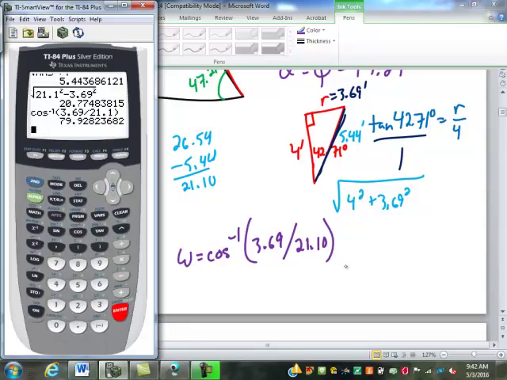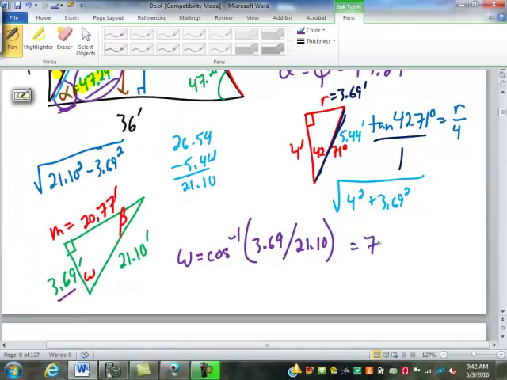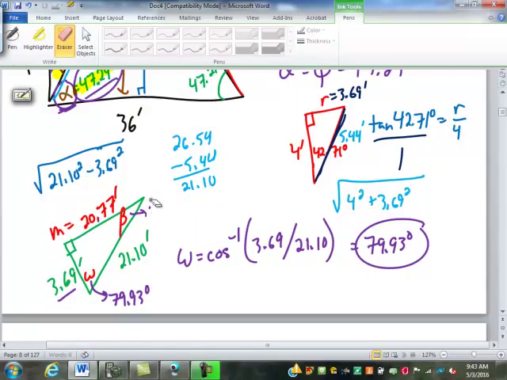Giving us 79.93 degrees. Which means beta is going to be 10.07 degrees. So I've got omega and beta.